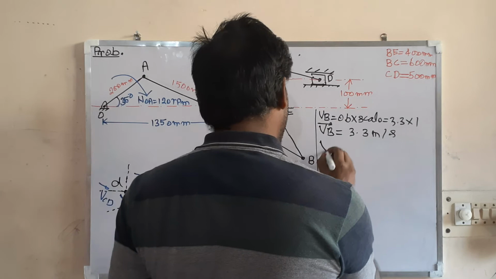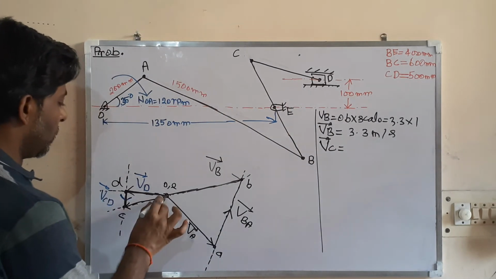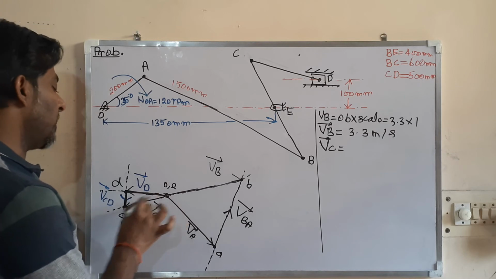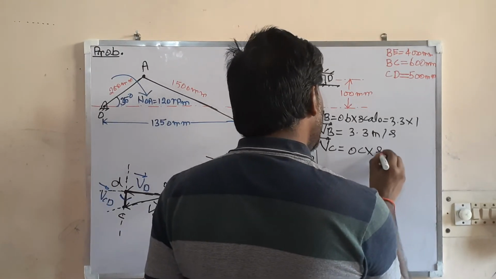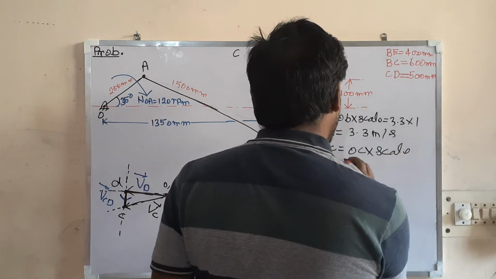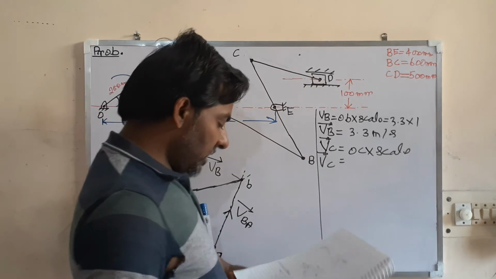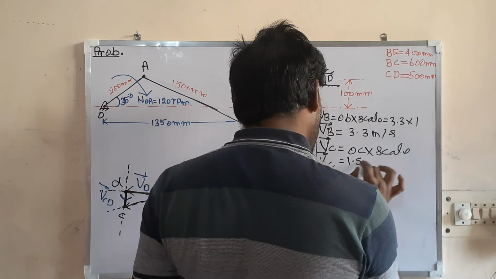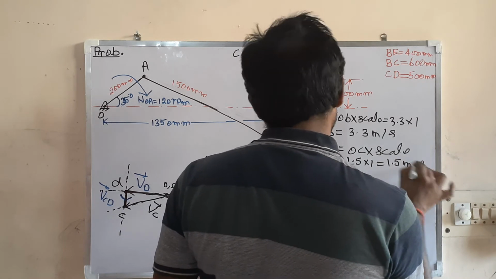Now velocity of point C is asked. So where is point C? This is point C. Absolute means you take from the fixed point. So OC into scale. So velocity of point C, OC is equal to 1.5 into 1, that is 1.5 meter per second.